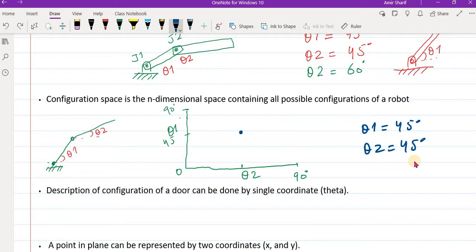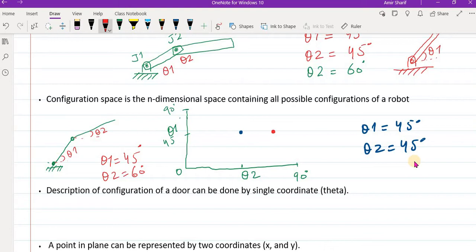Similarly, if you have other values, let's say theta 1 is equal to 45 and theta 2 is equal to 60 degrees, then for this configuration, your configuration space will have a point somewhere here.